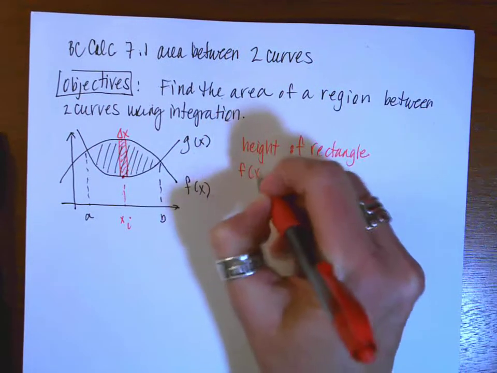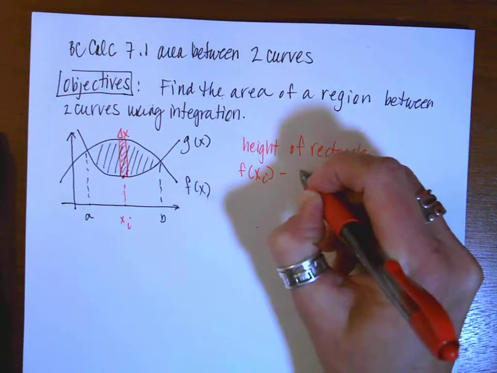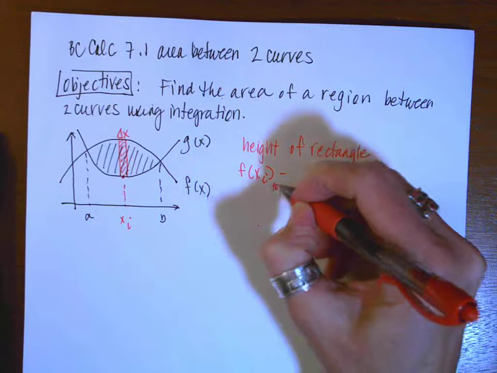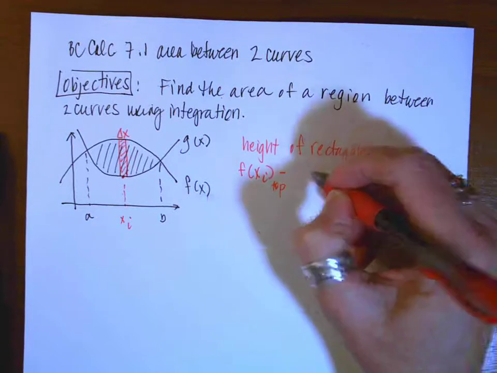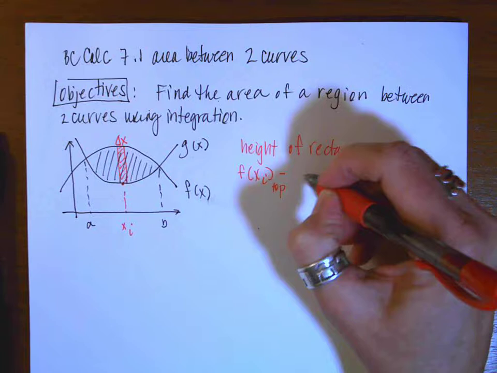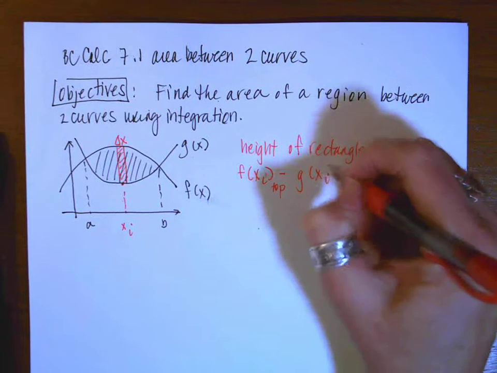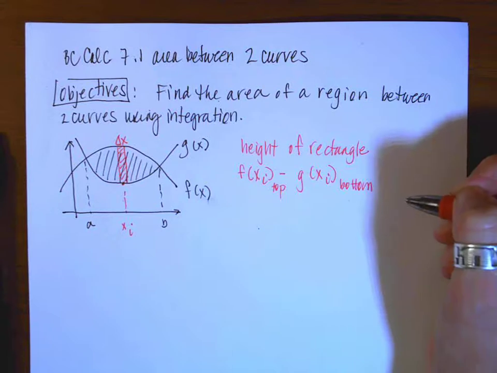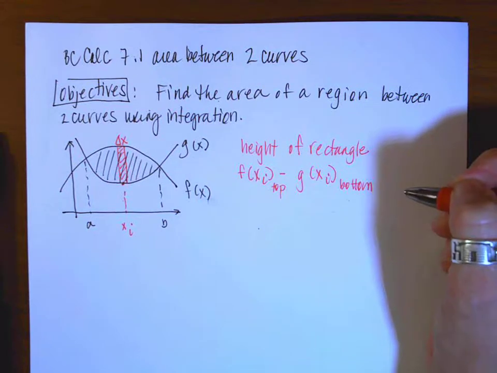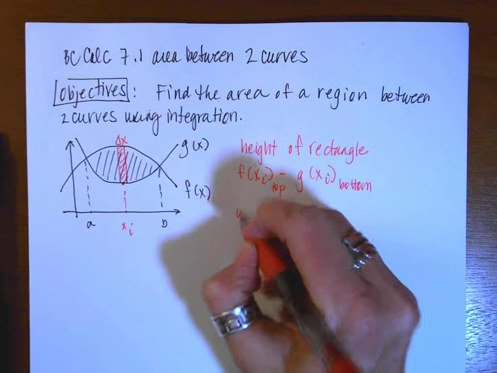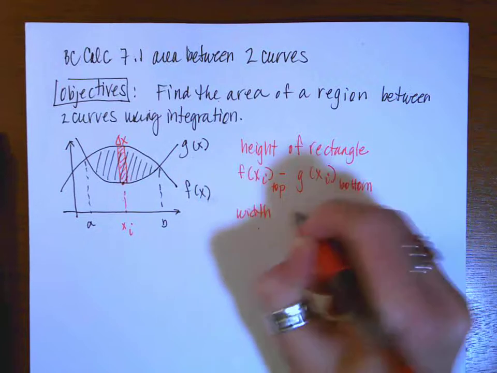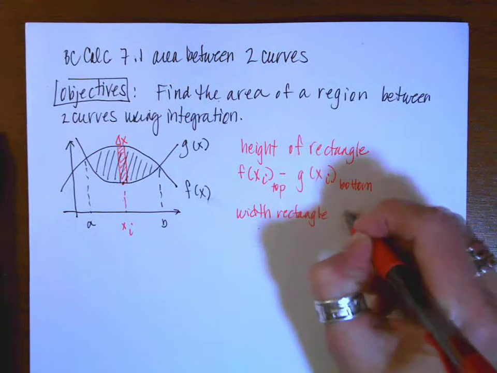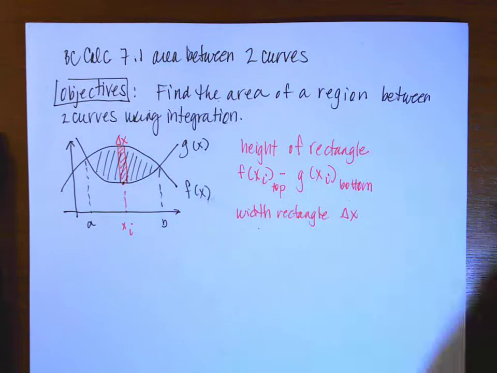So it's going to be f of x sub i minus g of x sub i, because f of x sub i is the top curve, and g of x sub i would be the bottom curve. Because if I subtract the top curve minus the bottom curve, I get the area in between. And then notice that the width of the rectangle is going to be delta x.